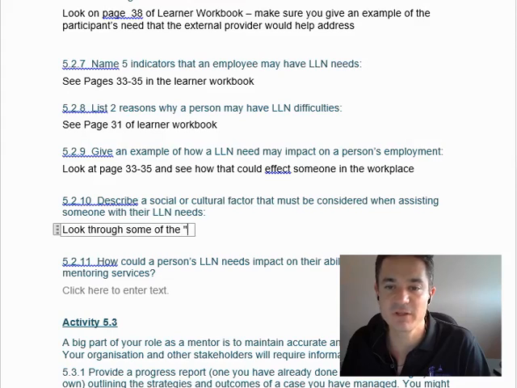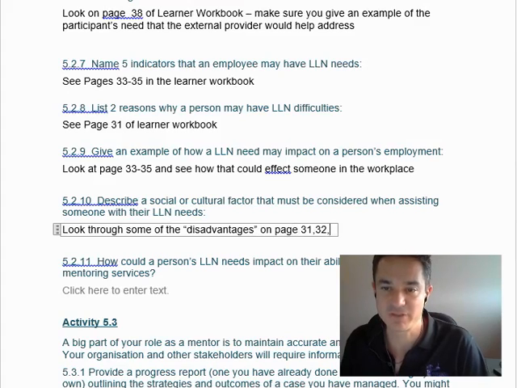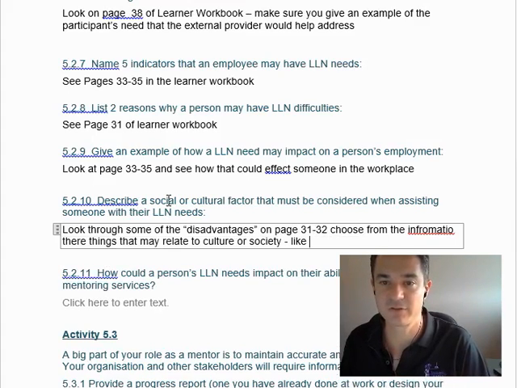Okay, so if you look at some of the disadvantages that are listed when we're assessing people's literacy and numeracy skills, you'll notice there's shortcomings there. Some of the things are to do with social and cultural factors.